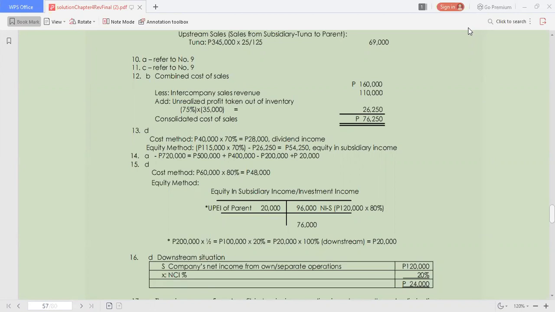During 20X5, DAC sold merchandise that cost 75,000 to Weasel for 110,000. So we have now 110,000, the transfer price, and the cost is 75,000. So in other words, there is an overvaluation of 35,000. Take note that DAC is the parent and Weasel is the subsidiary, so we now involve a downstream sale.